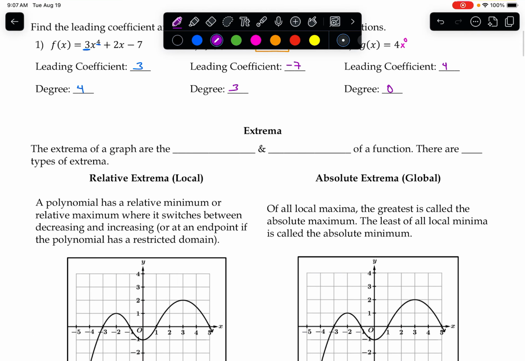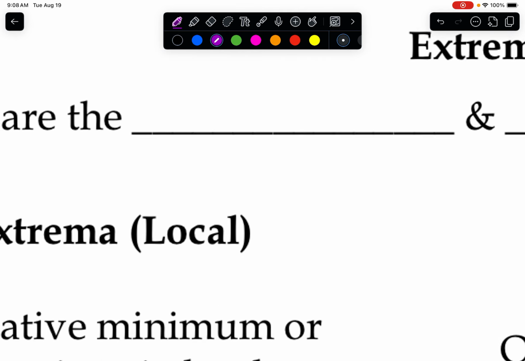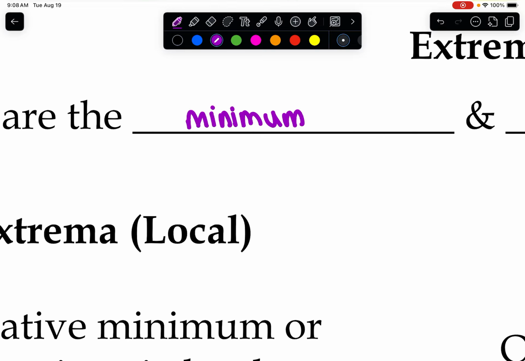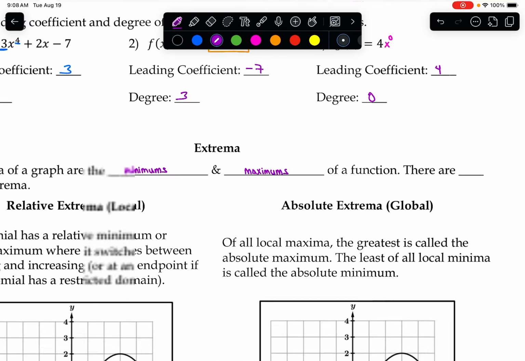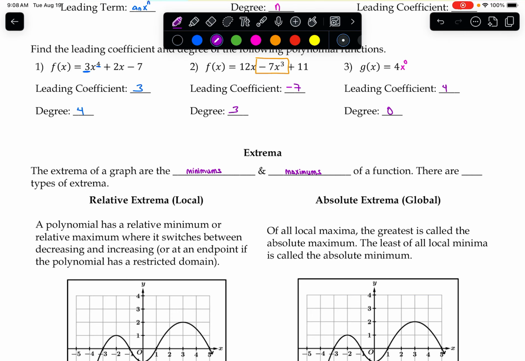Now we're going to take a look at the extrema of these different polynomials. The extrema of a graph are going to be either the minimums or the maximums. In your polynomials, you can have a combination of both.